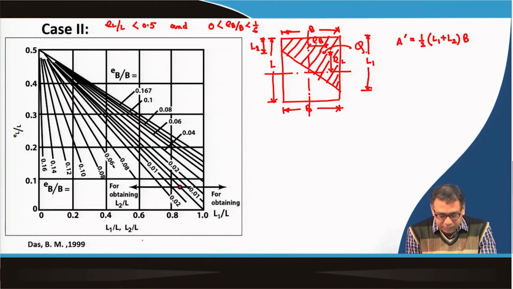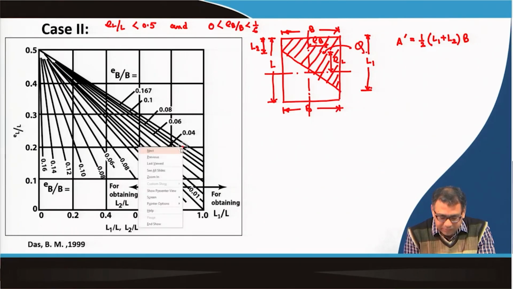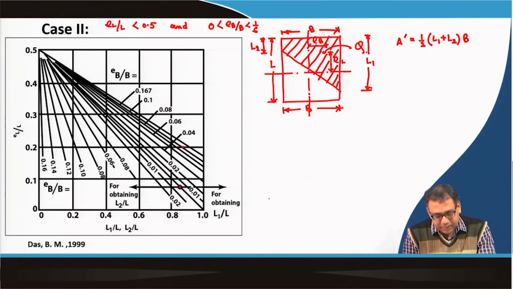For example, say E L by L is 0.2 and E B by B is 0.1, and I want to calculate L 1 and L 2. So 0.1 is this graph, and 0.2 gives this one value, corresponding to this graph.